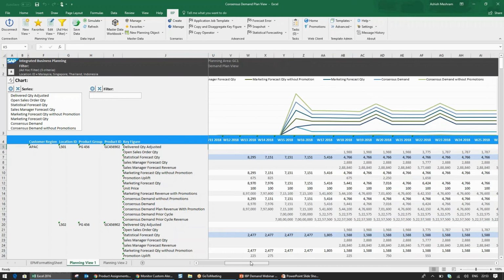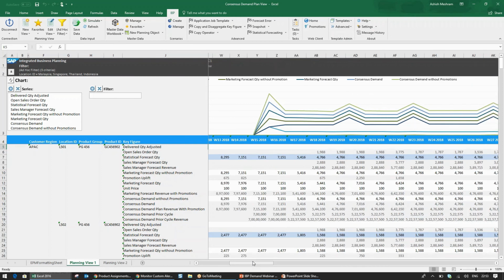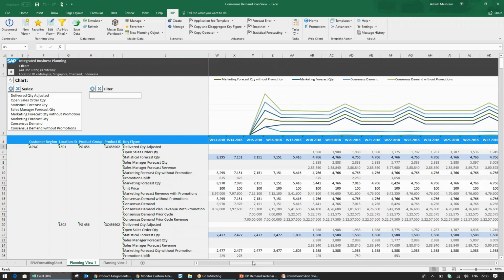So here in this view you have a consolidated list of your history. What was the history and what was the forecast that is being generated by the system? What was my sales representative input? What was the sales manager input based upon the aggregated level? And what was the edit sales management can do?